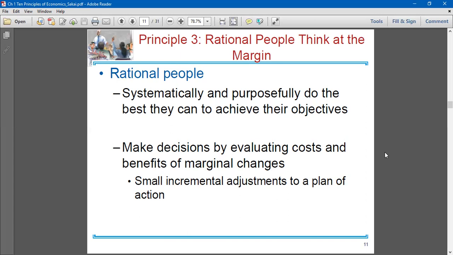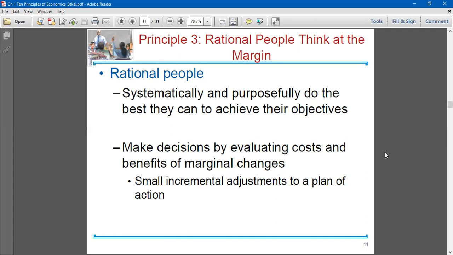Now, whenever we want to make these systematic decisions, we compare the cost and the benefit of marginal changes. As I gave an example earlier, if you initially used to buy a particular quantity of a good, and then the price increases by a very small margin, how is that going to affect the quantity that you purchase?